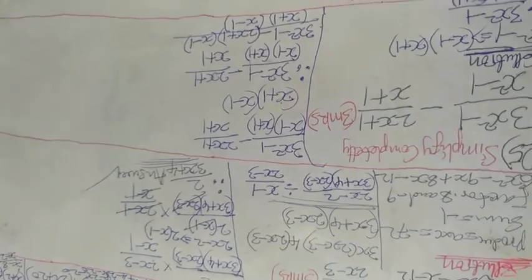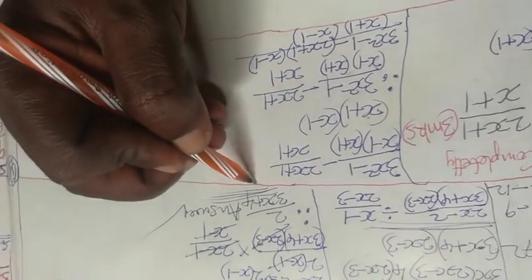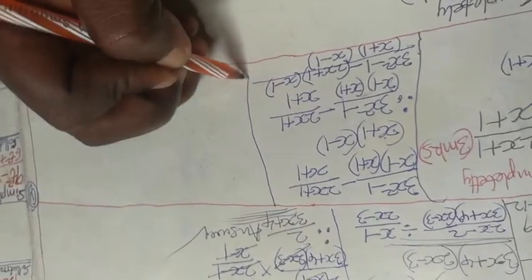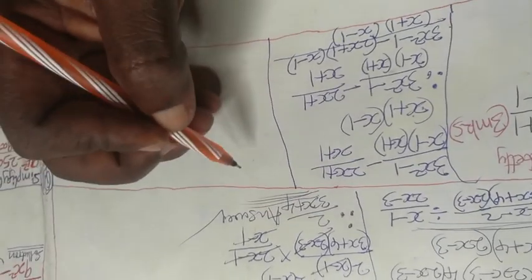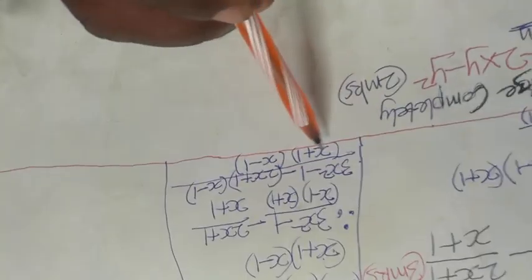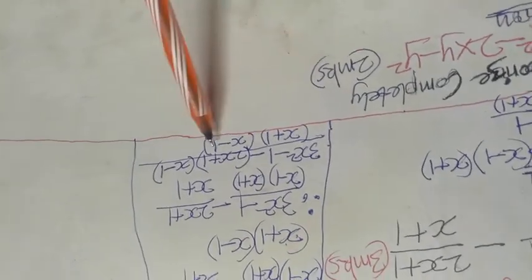Then we say our numerator now will be, we are going to solve our numerator now, then denominator. This is our numerator and our denominator.